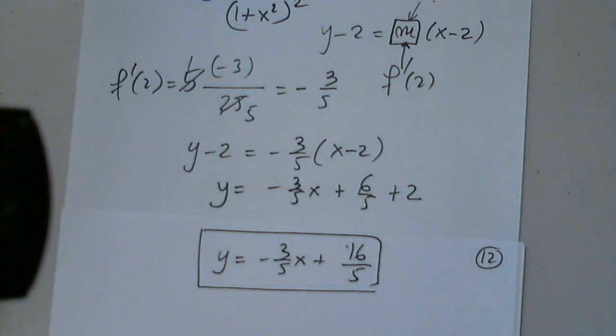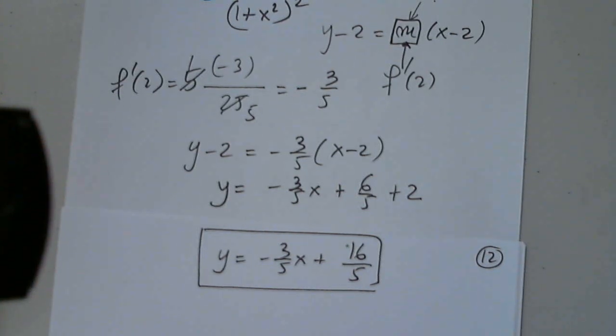This is the equation of the line to the graph of the function at the given point 2, 2. I think we have a good grasp and a good understanding of what's happening here. Any questions? Do you have any questions for me?